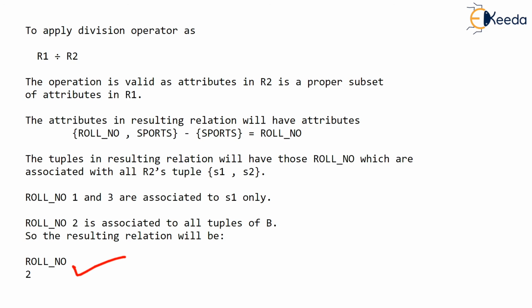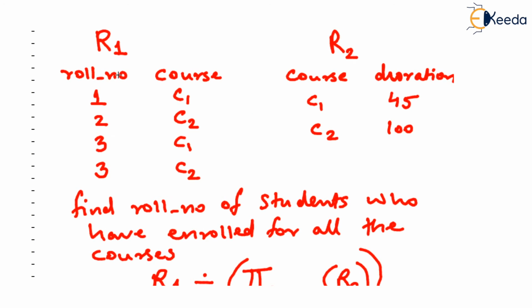As another example, just check. R1 is a table which has roll number and course. What this table shows is the roll number of the students who have enrolled for courses. I have given the names of the courses as C1, C2, some arbitrary names. This relation R1 shows that roll number 1 has enrolled for course C1.